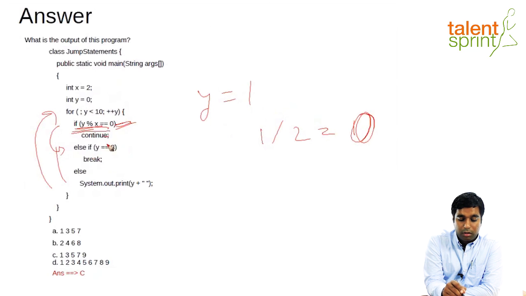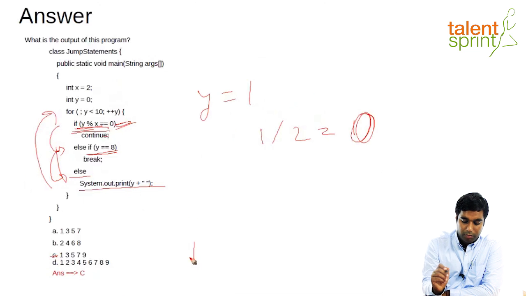That condition is again false, hence it goes to else. In else it says print the value of y, so the first time it is going to print 1.